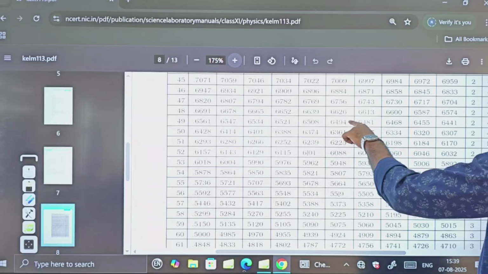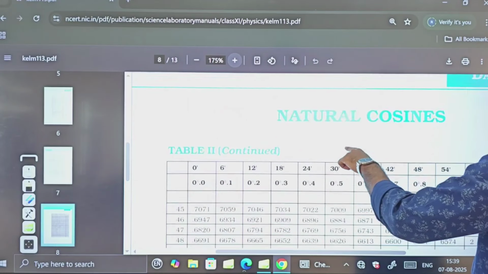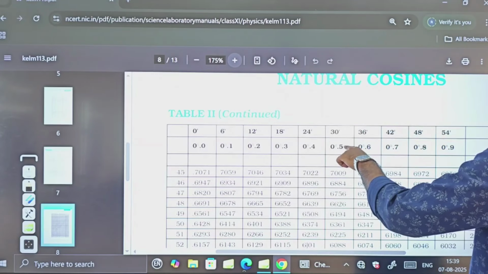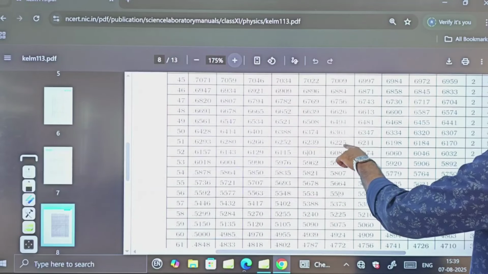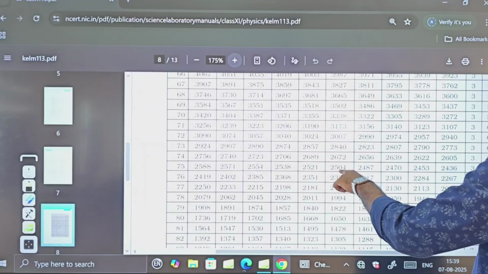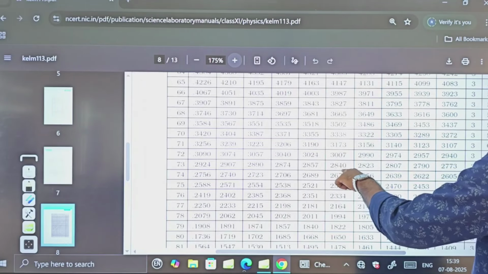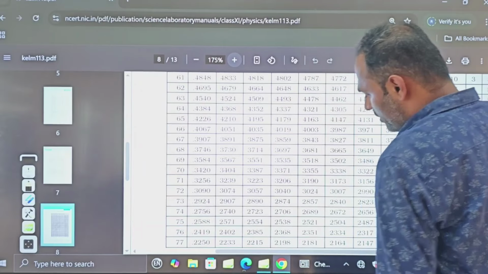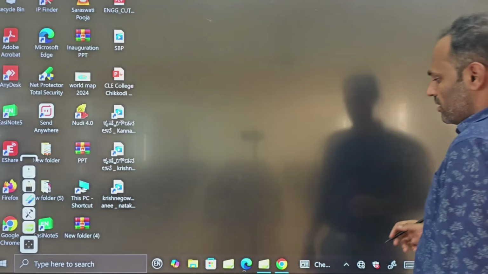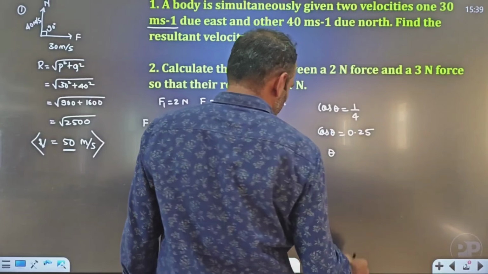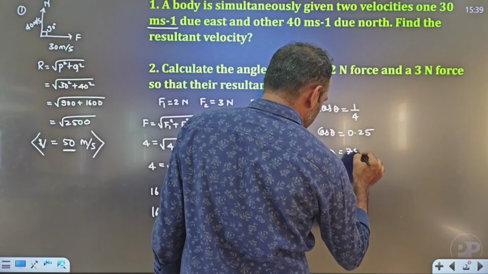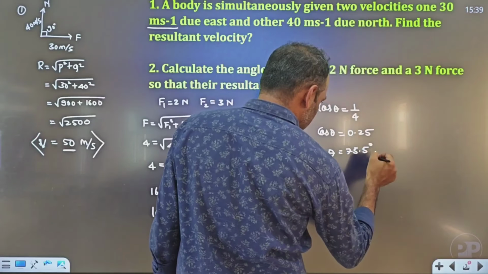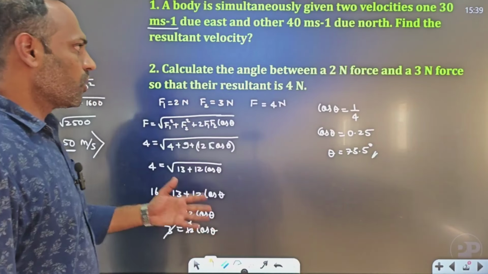Let us see which column it is. It is 0.5 degree, right? So it is 75.5 degree. Let us write theta is equal to 75.5 degree. This is the answer. Okay, we got the angle.